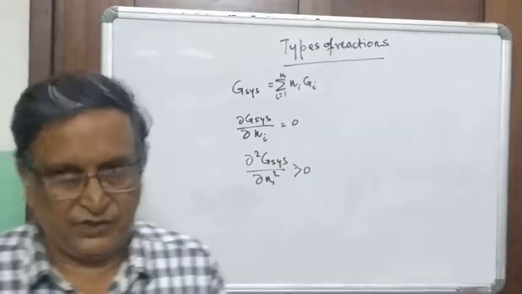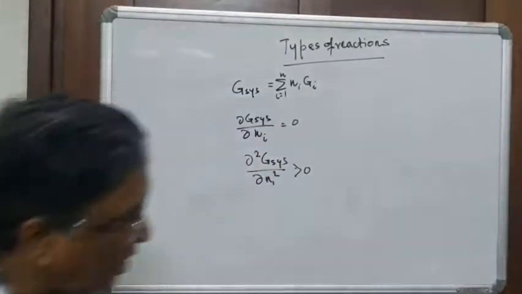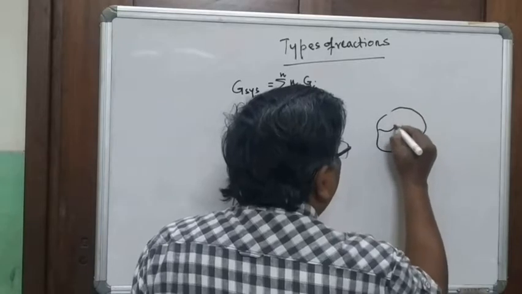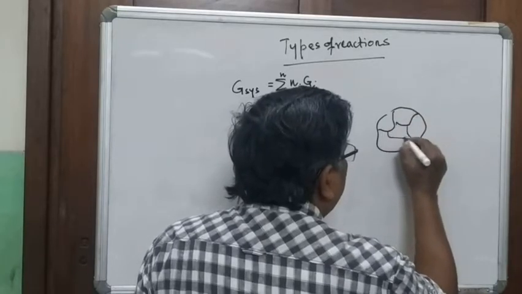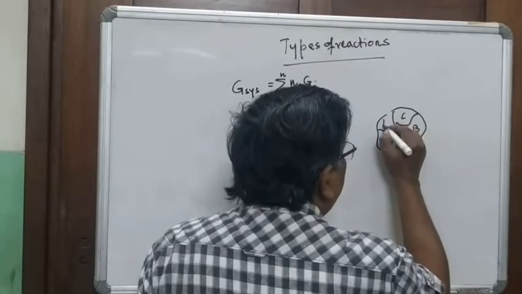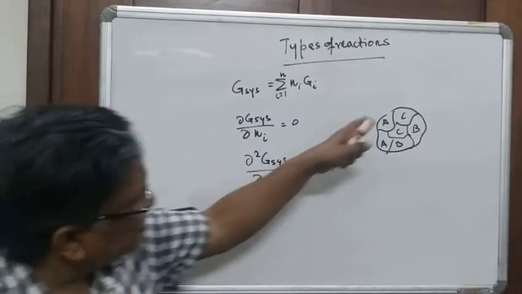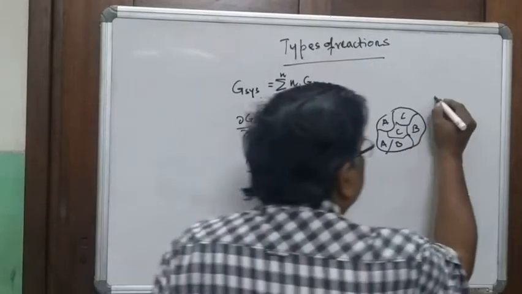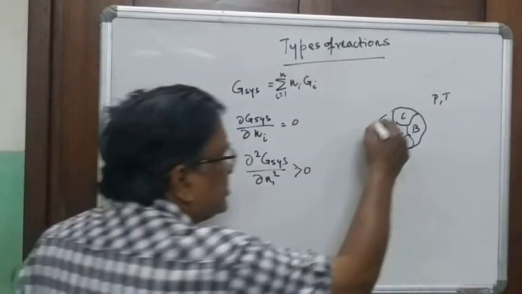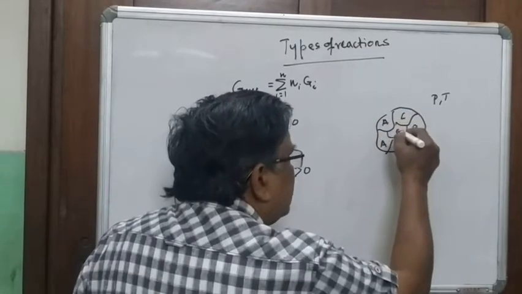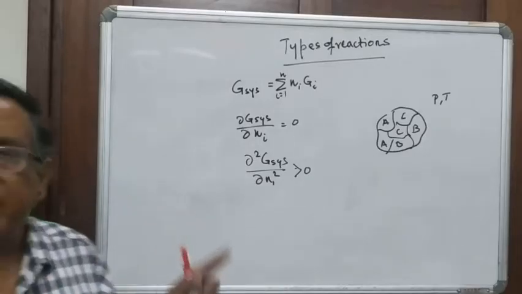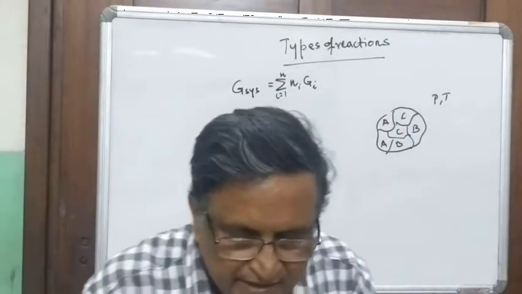That is the precondition. So, for example, you have a rock where you have several minerals, say A, B, C. At a particular pressure temperature condition, you have the minerals with these numbers of moles of A, B and C, at a particular pressure temperature or environmental condition, as it is called.